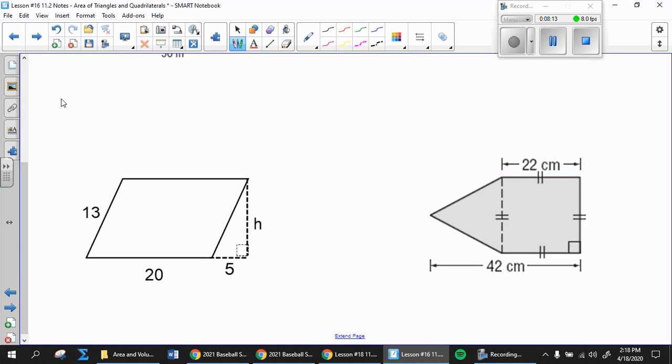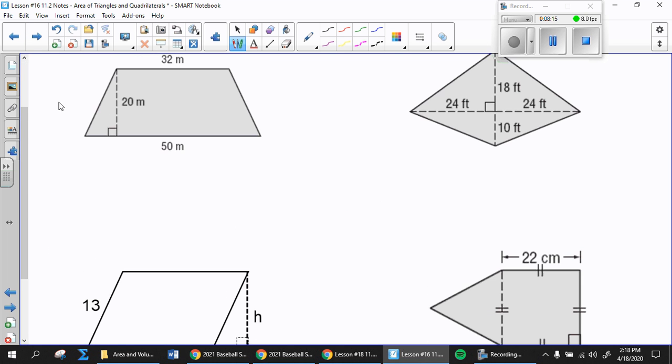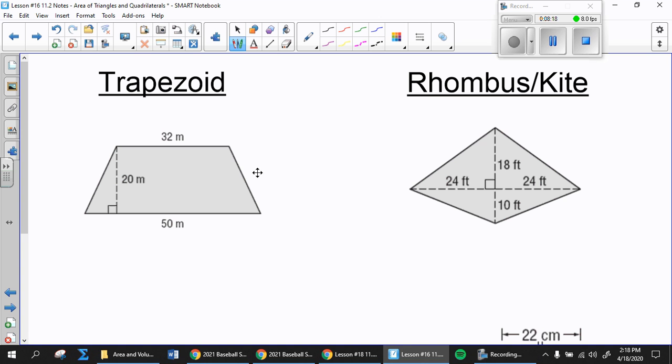All right, let's do 4 more examples and then we'll be done. So first thing I want to look at here, trapezoid. So remember trapezoid, 1/2 base 1 plus base 2 times whatever our height is. So for us, they give us all these pieces here. So again, you can do 50 plus 32 divided by 2 times whatever our height is.